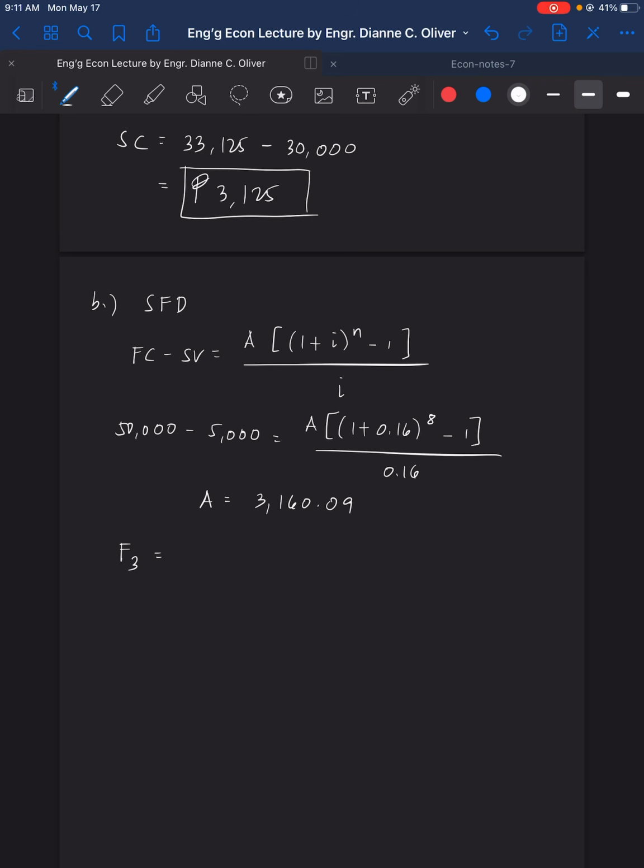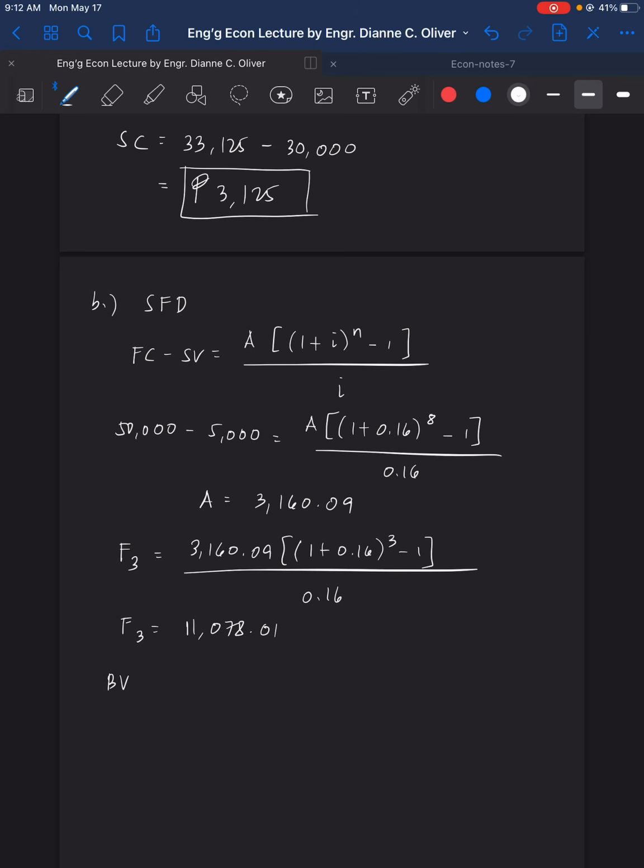So we will use the future worth at the third year, and that is 3160.09 times (1 plus 0.16) raised to the power of 3 minus 1 over 0.16. So F3, total depreciation at the third year, is 11,078.01 pesos.